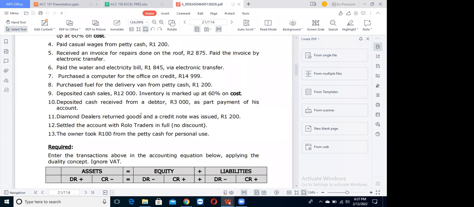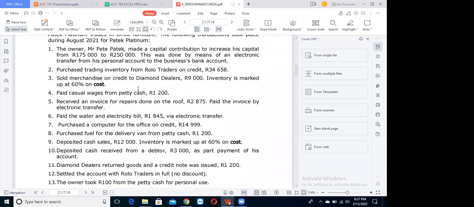You might also find that the double entry or duality concept states that for every debit entry, there is an equal and corresponding credit entry. You might want to put this down. For every debit entry, there is an equal and corresponding credit entry.